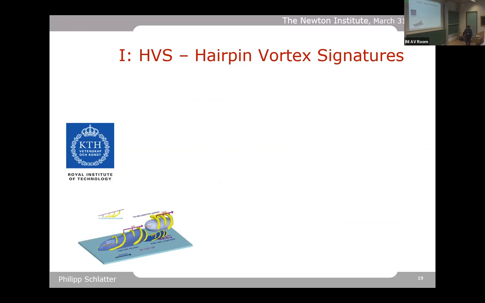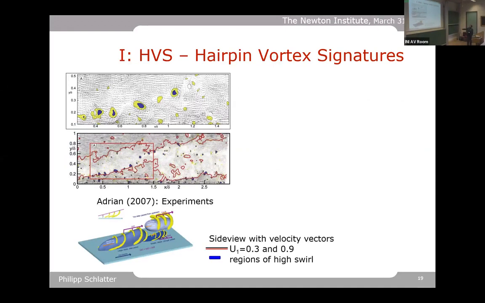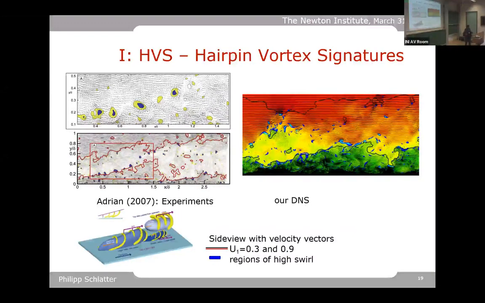So in the first step, we were perhaps a little bit naive, and we thought, okay, let's just look at visualizations, let's try to find them. And we went back to the Adrian paper. We tried to identify exactly these ramp-like structures, these hairpin vortex signatures, and then look at visualizations, because we have the three-dimensional field, so we could just look at it.